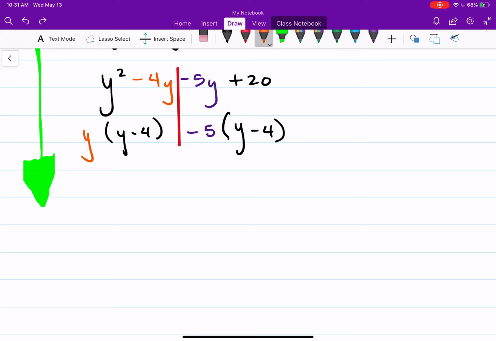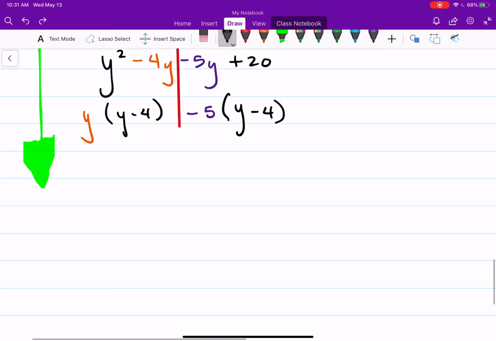Same thing over here. Now, factoring as a whole, I have a y minus 4 left with a y minus 5. Don't forget the 8.